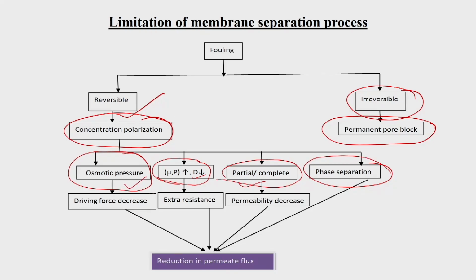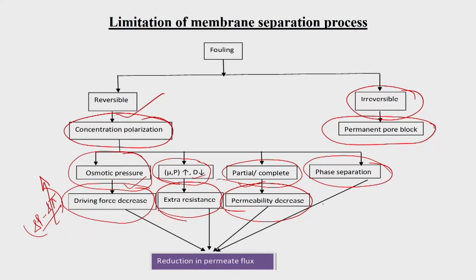Due to the osmotic pressure the driving force decreases, because driving force is delta P minus delta pi. As delta pi increases, the driving force decreases, extra resistance is generated, and permeability decreases. As a result, there is a reduction in the permeate flux.